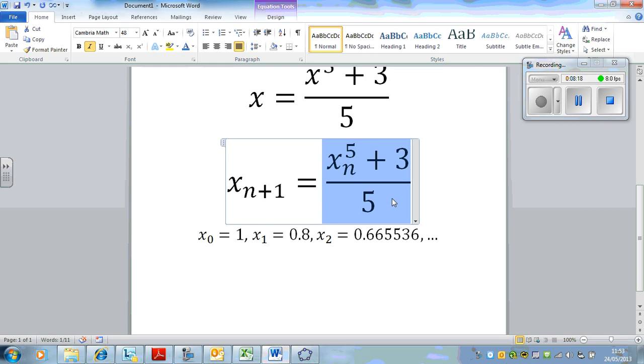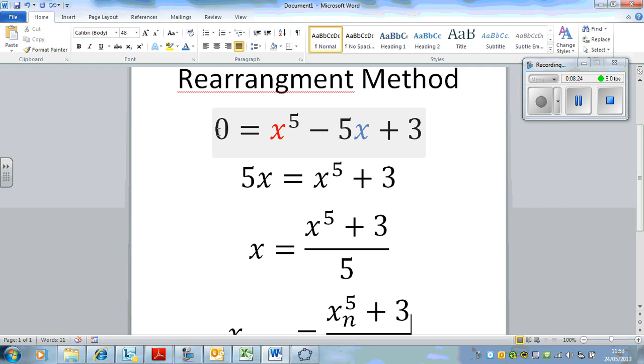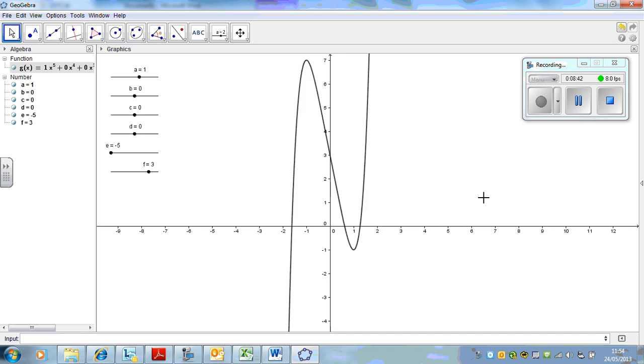How you can imagine this is, the roots of this equation equal to 0 are the roots where the graph of y equals x to the 5 minus 5x plus 3 and the graph of y equals 0 cross. When it's equal to 0, that's not a problem.